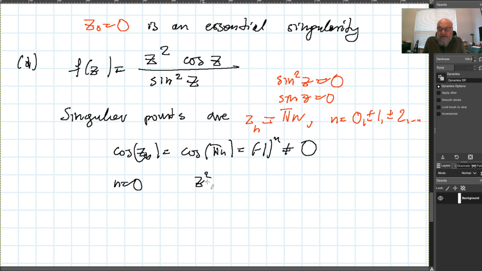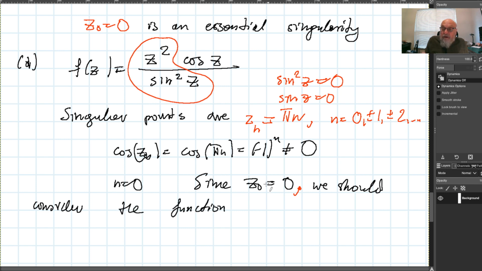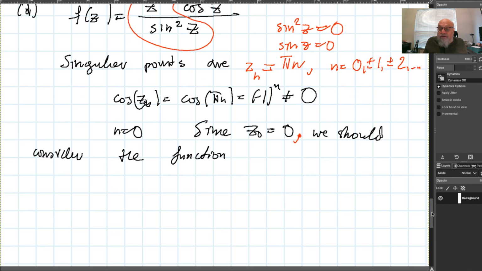So I would say like this: since z0 equal to 0 appears in both cases, you have a 0 at the top and a 0 at the bottom, so we should take it separately. We should consider the function.